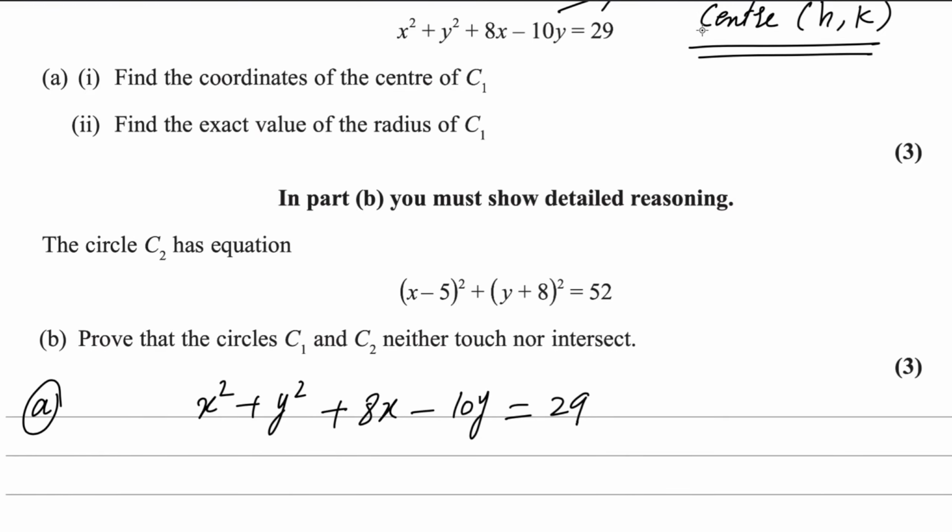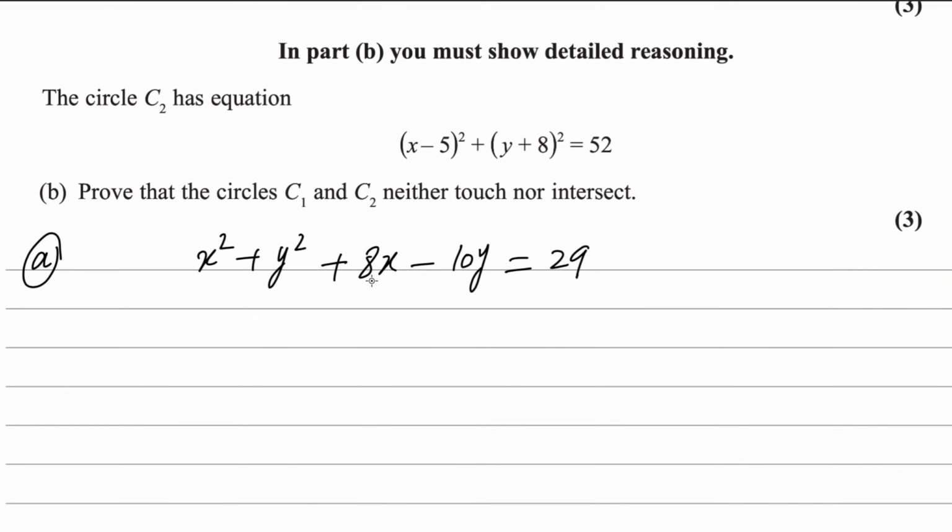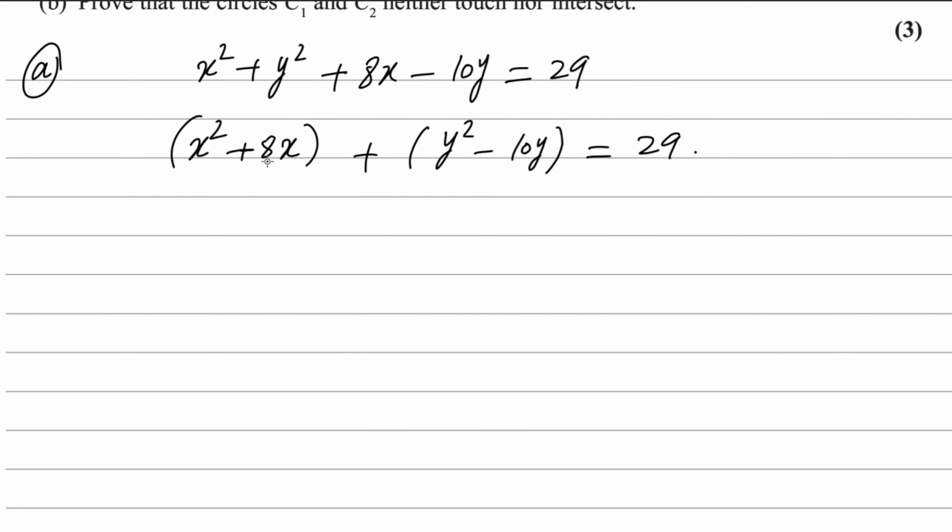To change this one into that form, you have to combine all x values together, like x square plus 8x right here, then combine y values, y square minus 10y equals to 29. Now you will complete the square of x's. What is the half of 8? That is 4. So this will be the square of x plus 4 whole square. And 4 square you are adding here, so same you have to subtract 4 square.